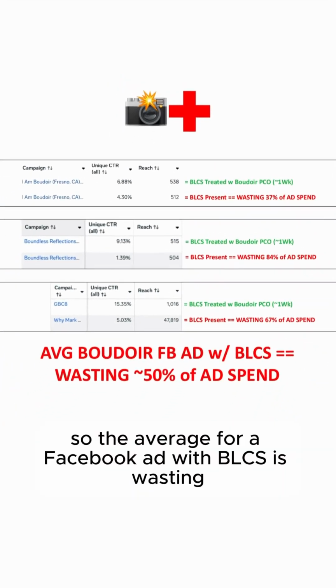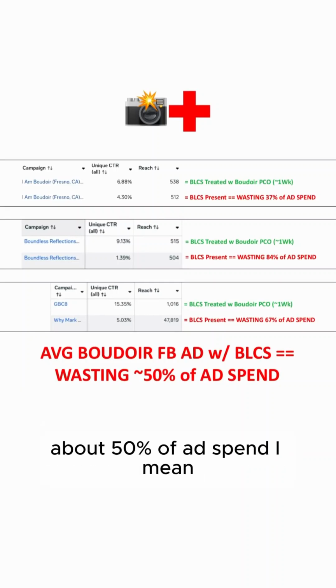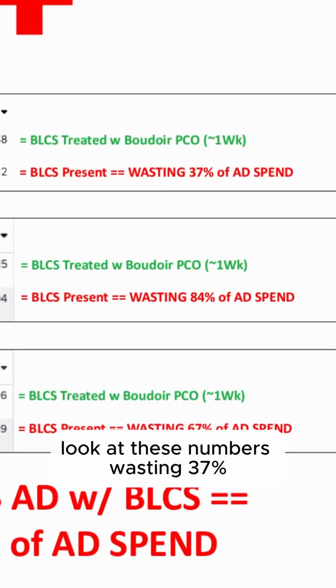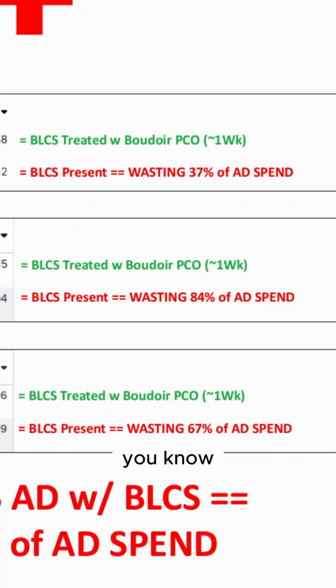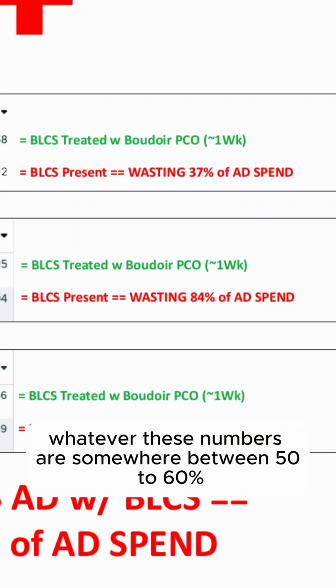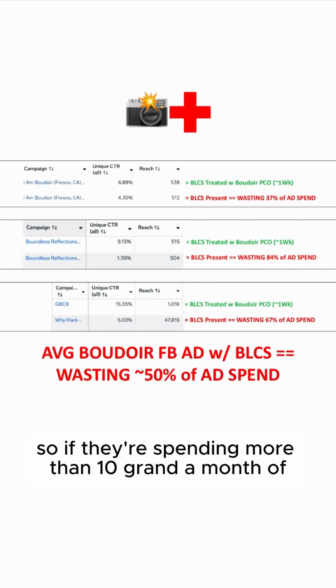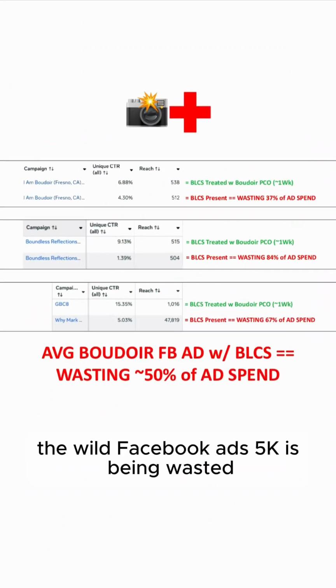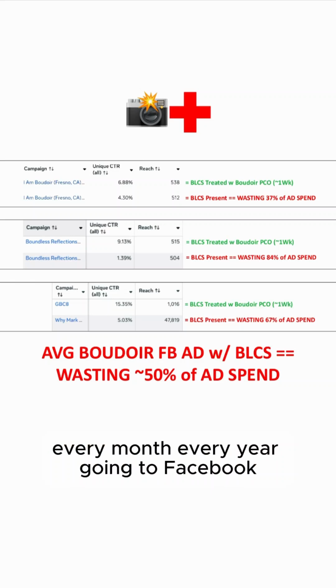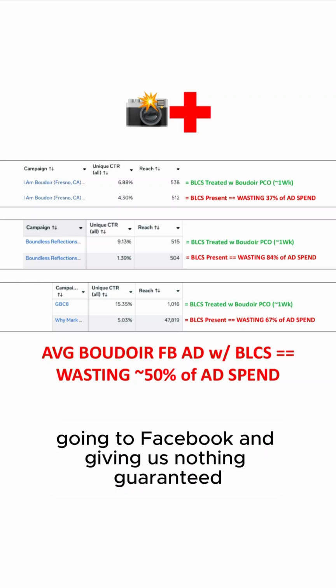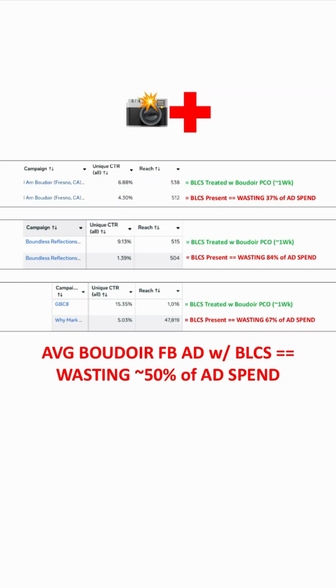So the average Boudoir Facebook ad with BLCS is wasting about 50% of ad spend. I mean, look at these numbers: wasting 37%, wasting 84%, wasting 67%. So the average here, whatever these numbers are, is somewhere between 50 to 60%. So if they're spending more than 10 grand a month on Boudoir Facebook ads, 5K is being wasted, approximately every day, every month, every year, literally going to Facebook and giving us nothing, guaranteed.